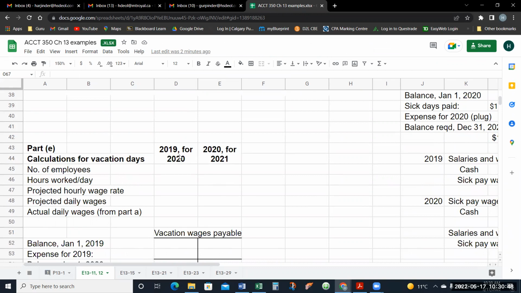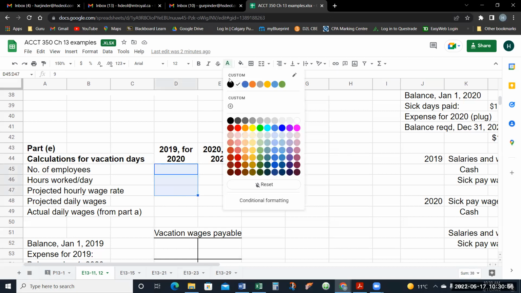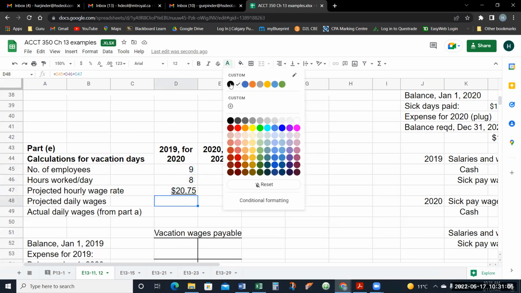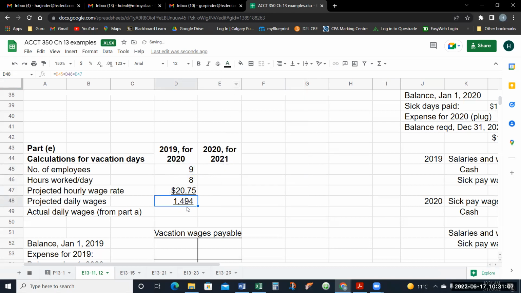So during 2019, for the year 2020, the company used a projected hourly wage rate of $20.75. So multiply 9 times 8 times 20.75, the rate that the company uses to accrue the vacation, right?